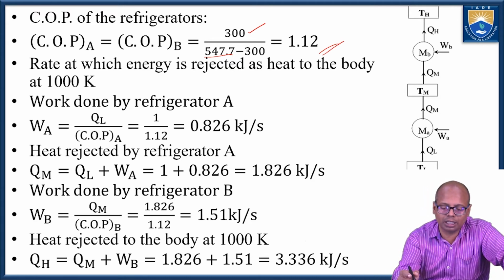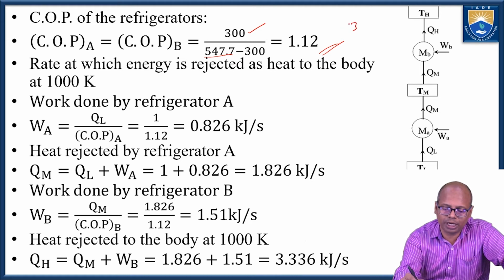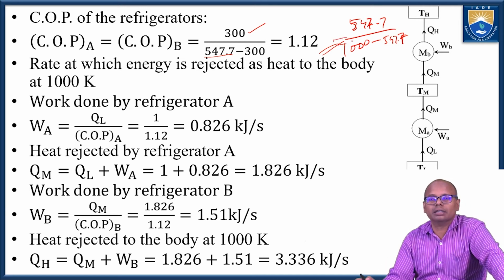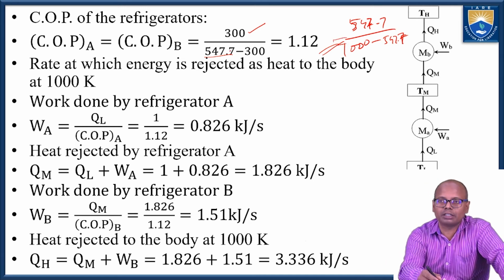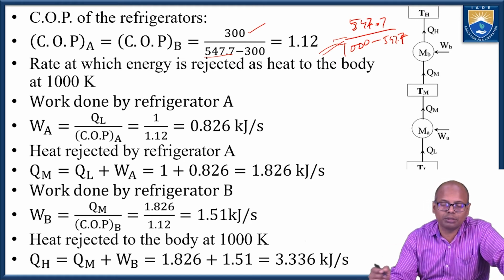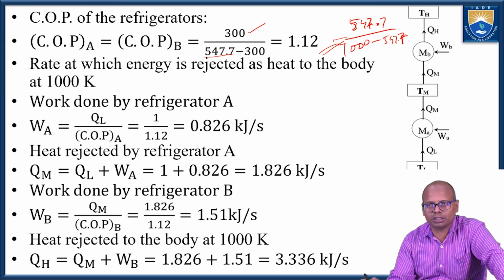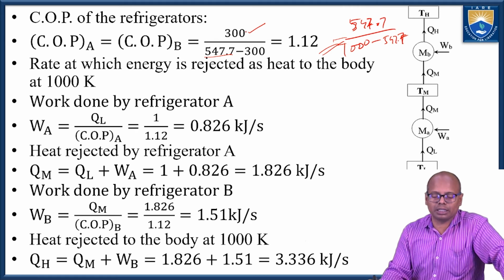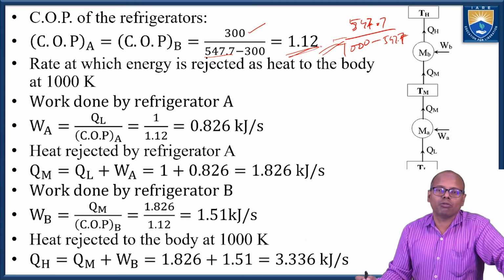Even if I use the other formula, 547.7 divided by 1000 minus 547.7, I will get the same answer, because I have equated these two and got this value. So either formula gives the value 1.12.